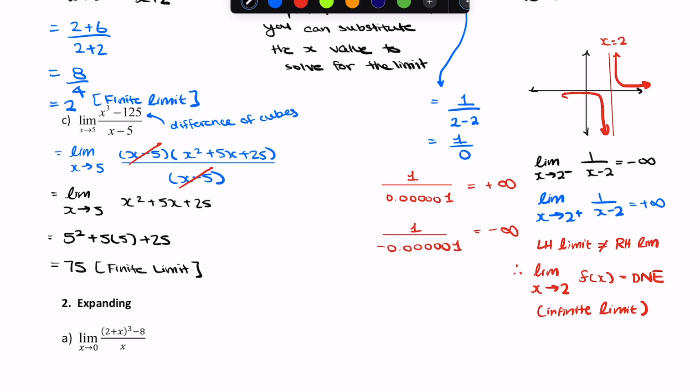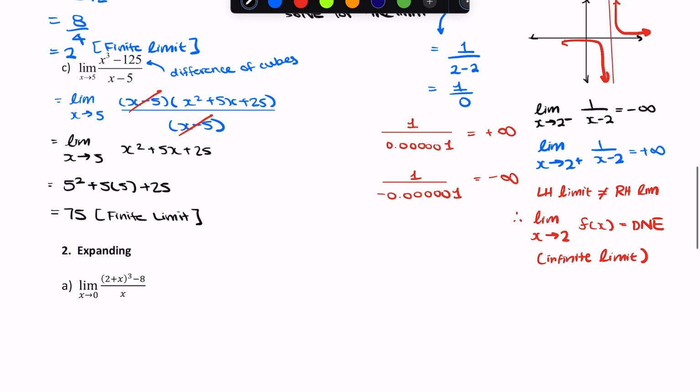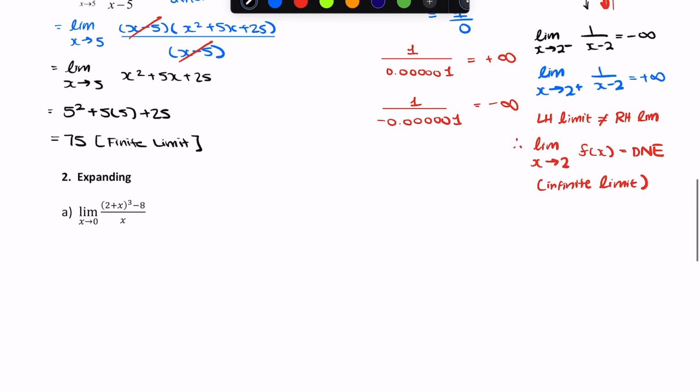Okay, and now let's take a look at this question on expanding. Here we have 2 plus x to the power of 3. And here we can expand this using Pascal's triangle. If you remember, when you looked at Pascal's triangle, we had row 0, row 1, row 2, and row 3.